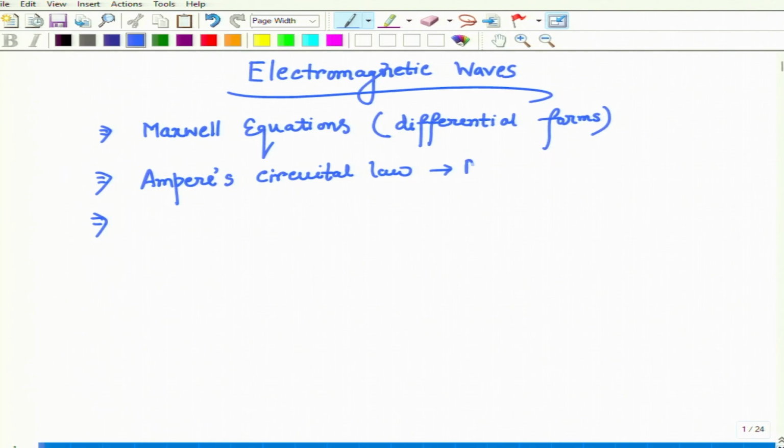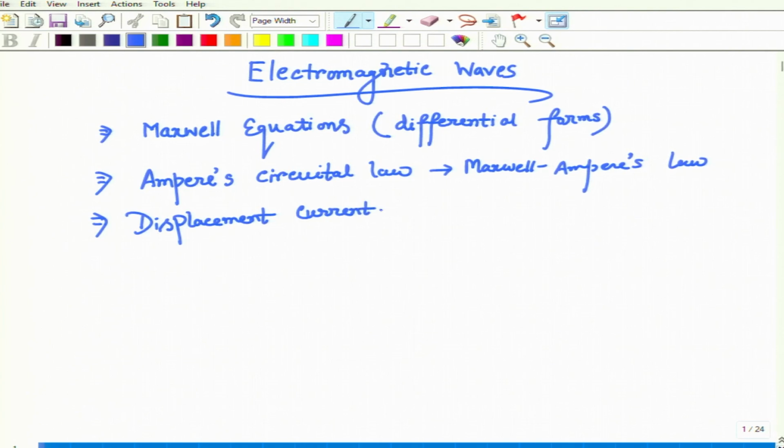Let me write that as well. Maxwell Ampere's law. Okay. Then we discussed displacement current. Right? Displacement current we studied.